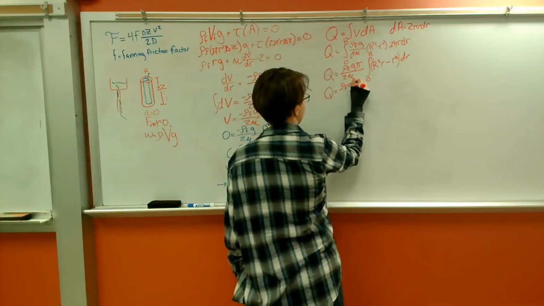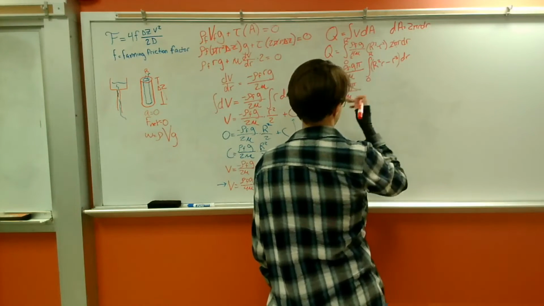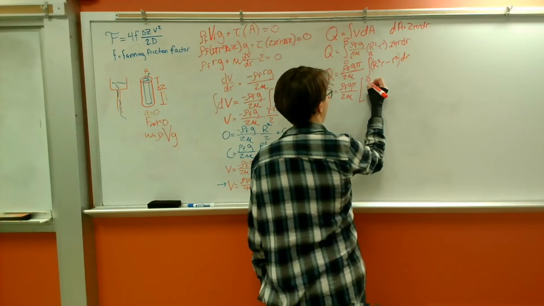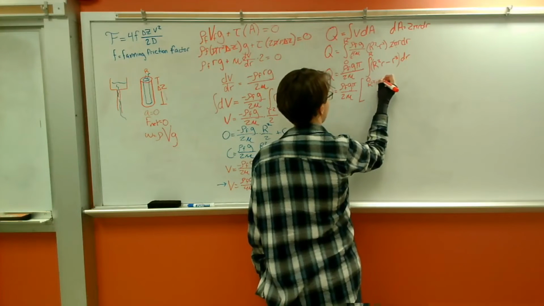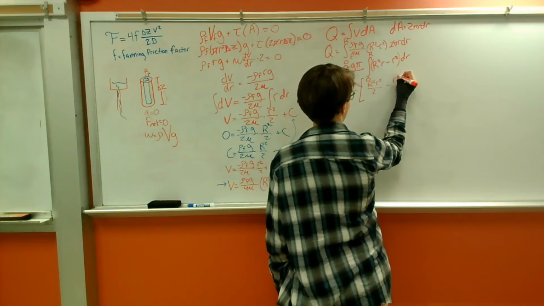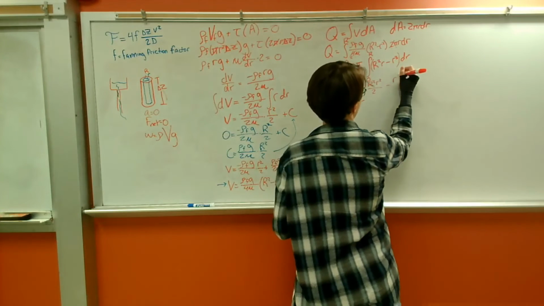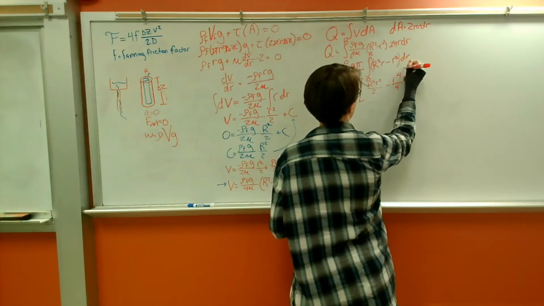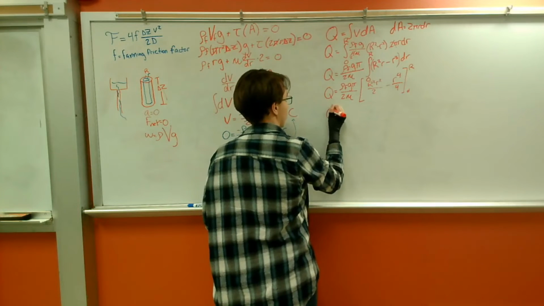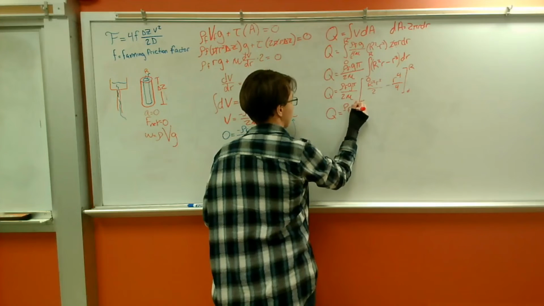This part's the same, and then we're going to have big R squared, little r squared over 2 minus little r to the 4th over 4, evaluated from 0 to big R, and this part's still the same.